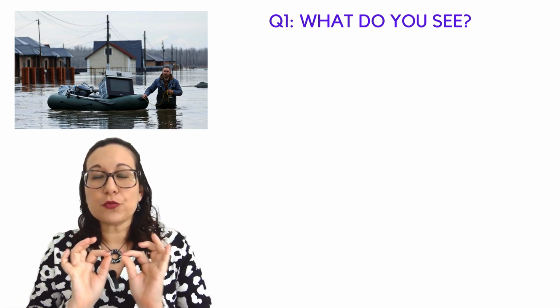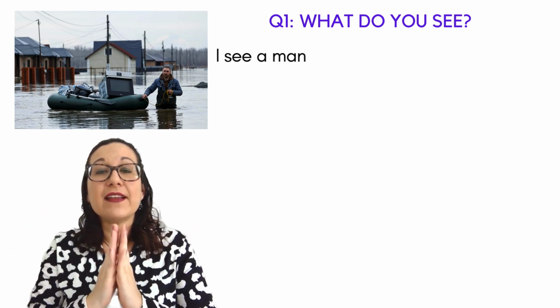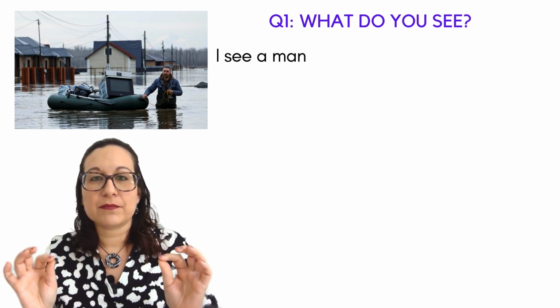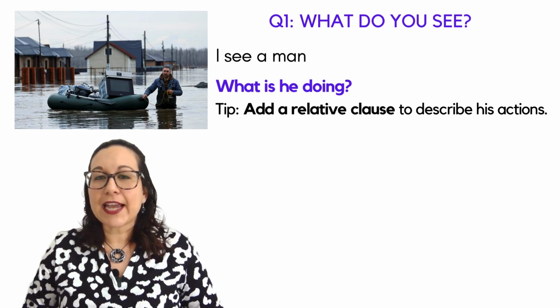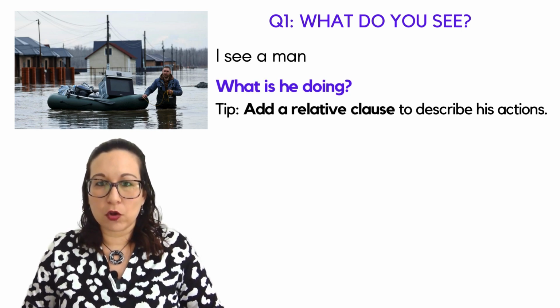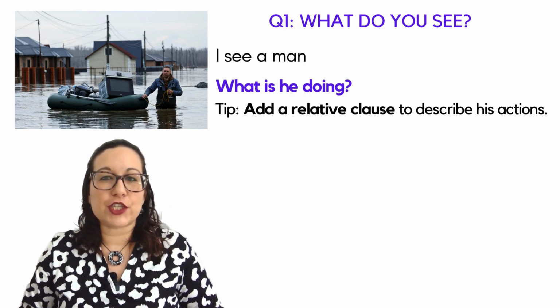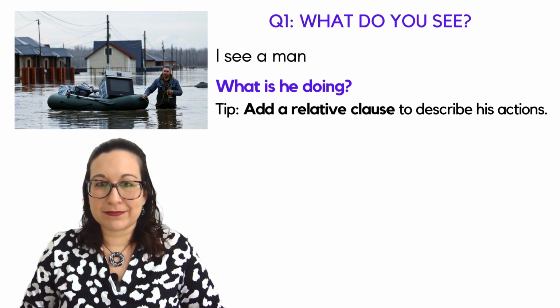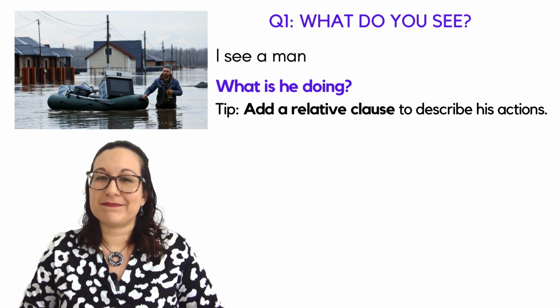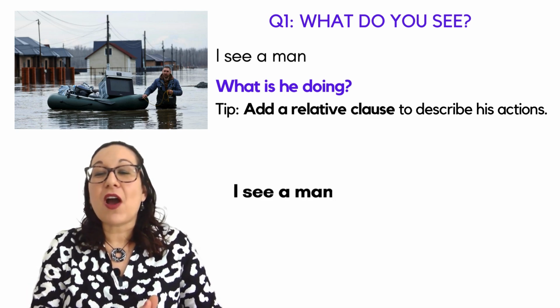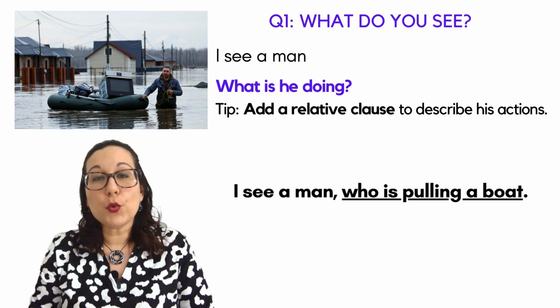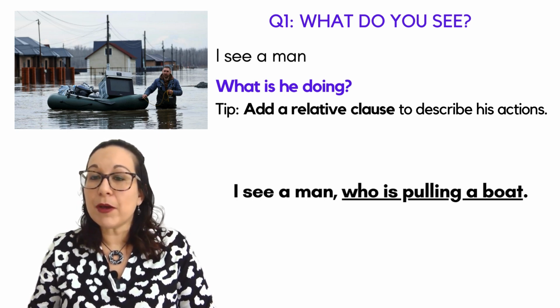Let's start really easy. I see a man. Okay, but what is he doing? Can you try and use a relative clause to add some information about the action? So I would say, I see a man who is pulling a boat.